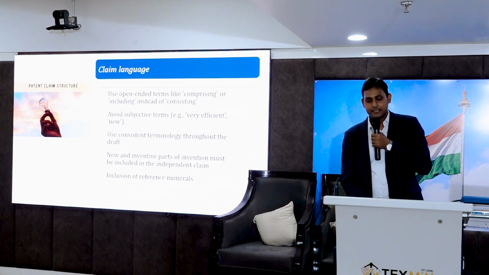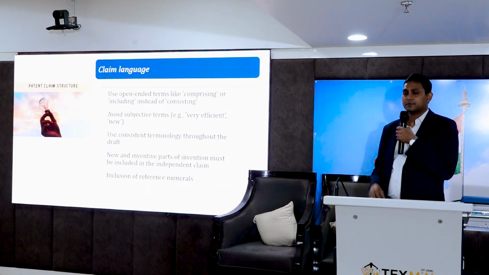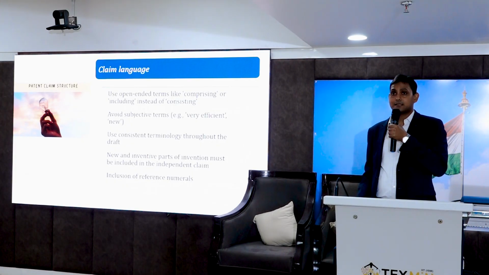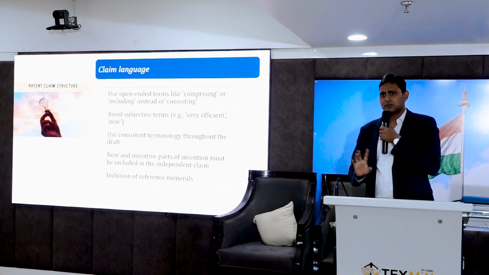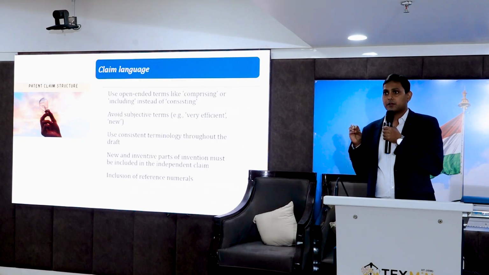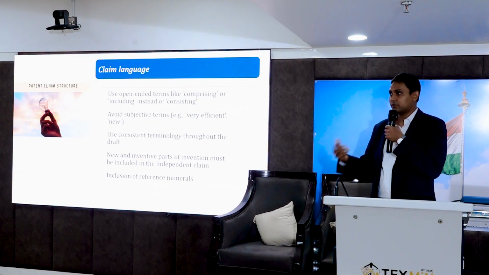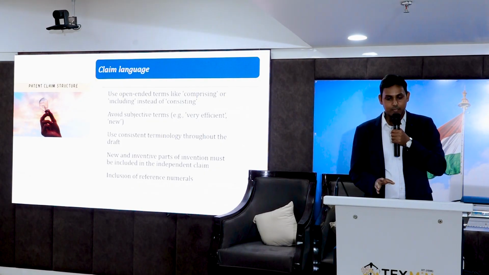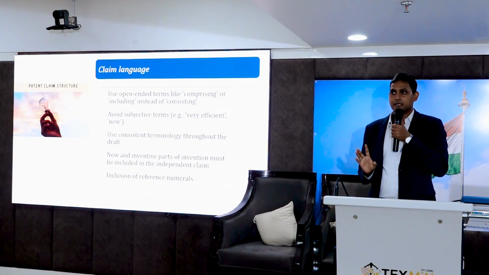Okay, then avoid subjective terms. You can find some inventors who have written in their claim that it is inventive in nature. That is not required at all, because you are filing the patent. That means you have some inventiveness. That's why you are filing the patent. So subjective terms are not allowed. If you write very efficient, right?